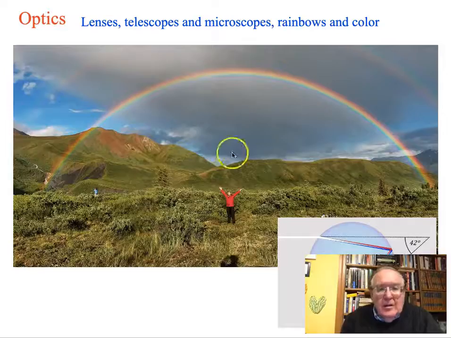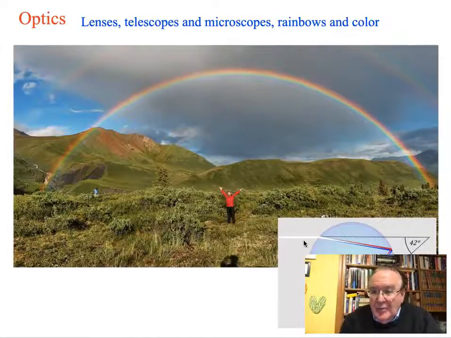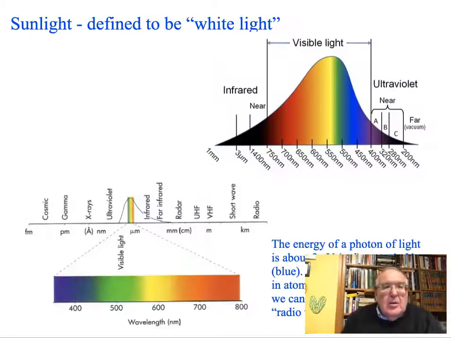But it all comes from sunlight. I mean, this light that's coming in from the left on the raindrop is actually sunlight. It's white light, all right, by definition. So sunlight is defined to be white light, and if you take a look at its spectrum, and you did this already with the diffraction grating, you can do it again too, you'll see that at the low energy end, it's infrared, then the near infrared, and then in the middle there's the visible light, which goes from red to orange to yellow to green to blue to violet.